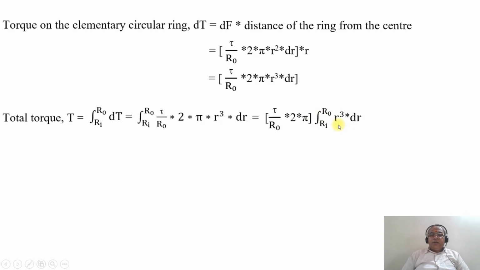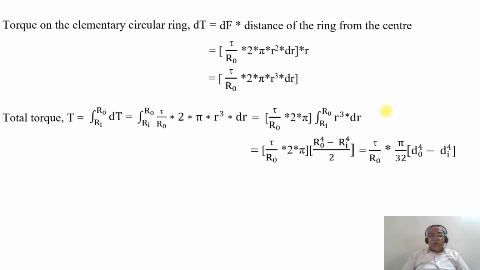The integral of r cube into dr from Ri to R0 will give tau by R0 into 2 pi into R0 to the power of 4 minus Ri to the power of 4 by 4. So on simplification, tau by R0 into, putting R0 equal to D0 by 2, 2 to the power of 4 is 16, multiplied by 2 will be 32.